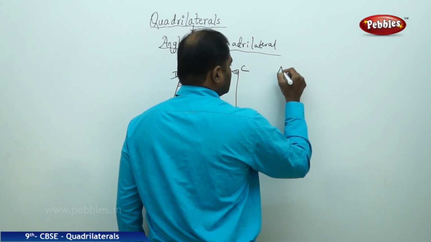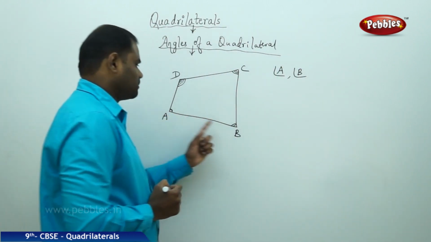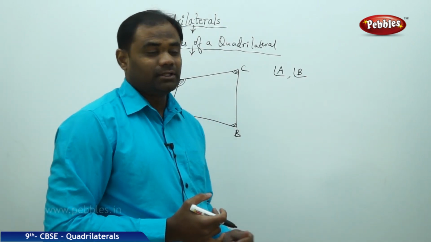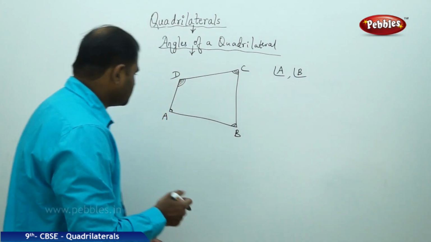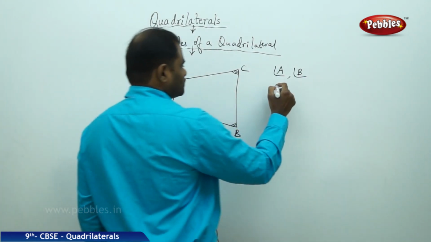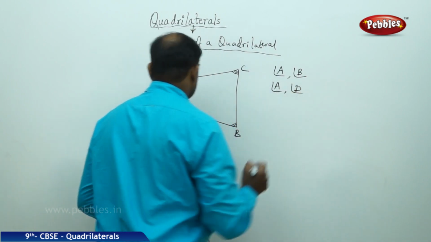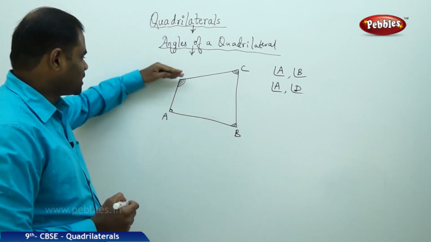Note, angle A and angle B are side by side, and when the angles are beside each other, they are called adjacent angles in the quadrilateral. Similarly, when I take A and D, I get them to be adjacent to the side AD. So they are side by side.